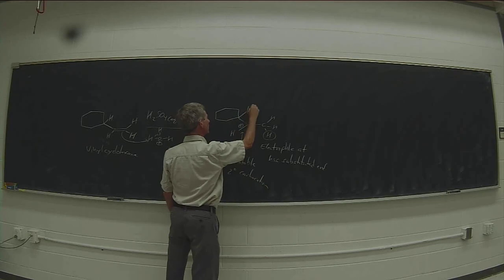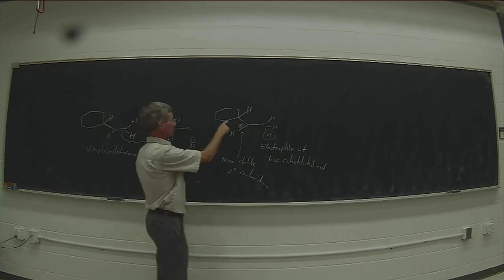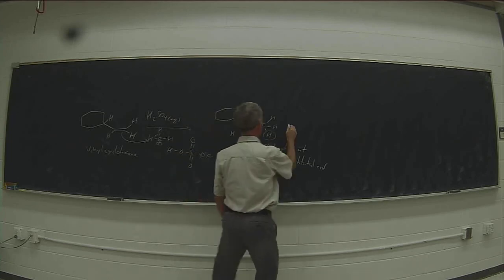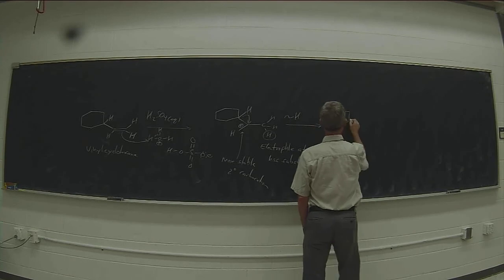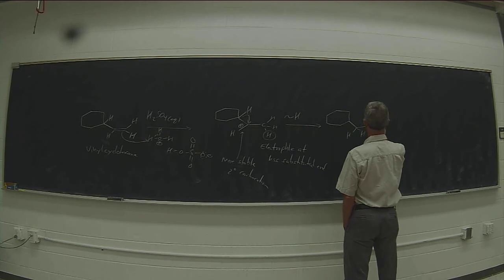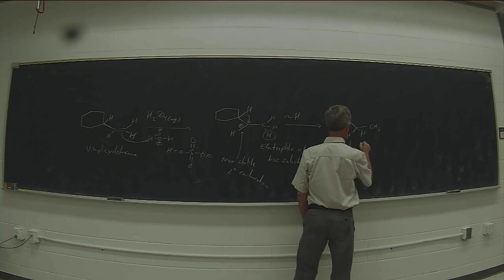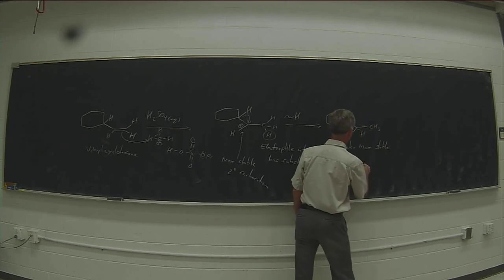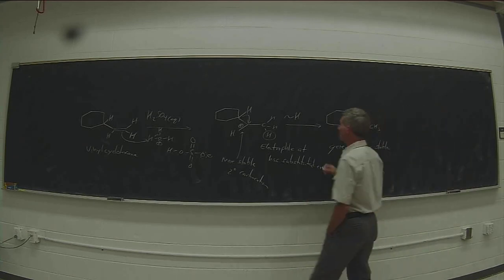But now, instead of water attacking that secondary carbocation, we see that we have a branch in the next position, the beta position, and so we can undergo a hydride shift to generate an even more stable tertiary carbocation. Which means that hydride shift is favorable.